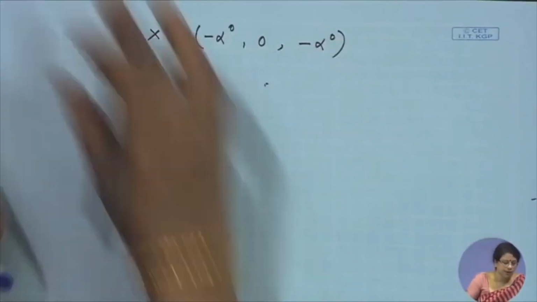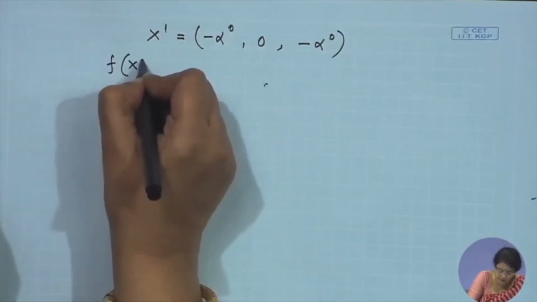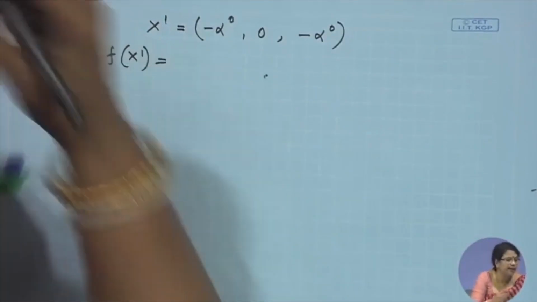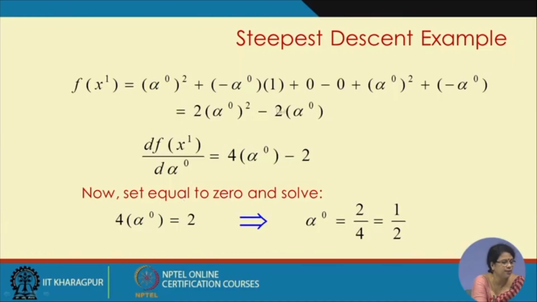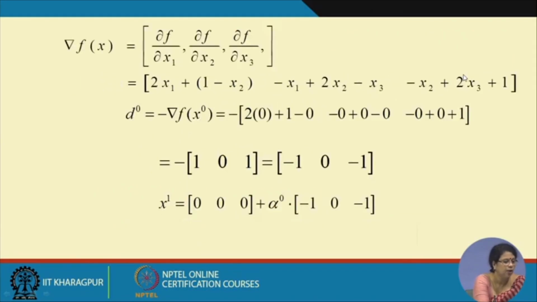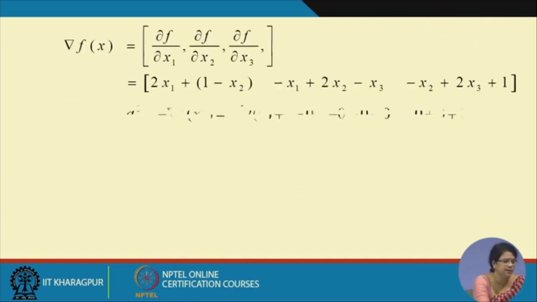Now if I substitute the value into f(x1), we get this function of alpha 0. This substitution has been done in the original function. I will show you the function. x1, x2, x3 will be considered this way.